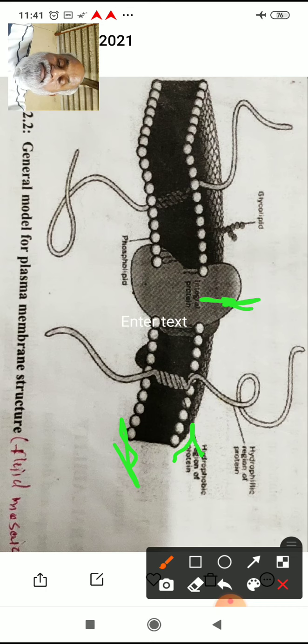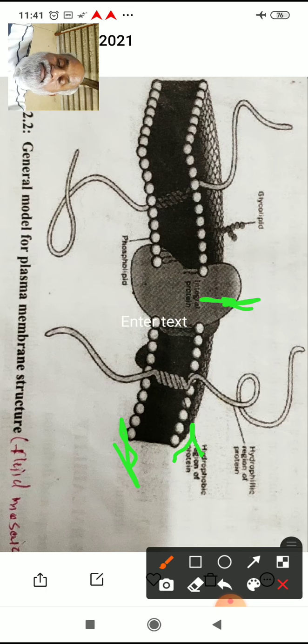It regulates entry and exit of particular substances in the cell. Proteins present in the plasma membrane act as pumps or channels, receptors, or as enzymes or as structural components.